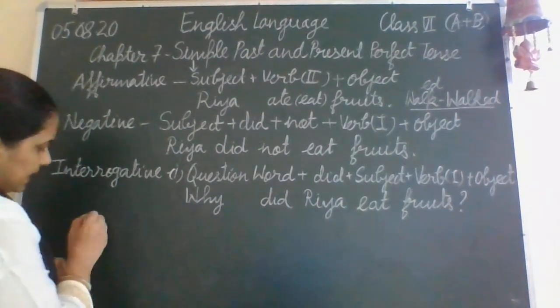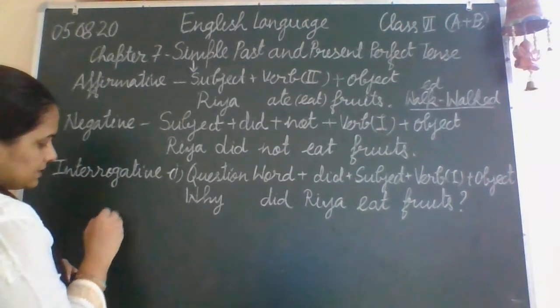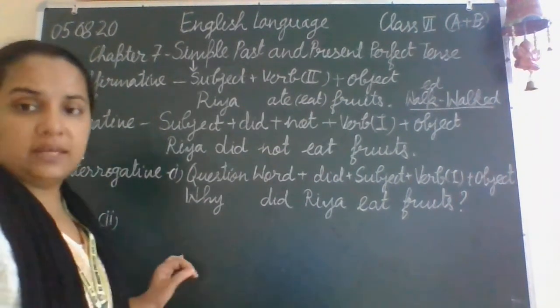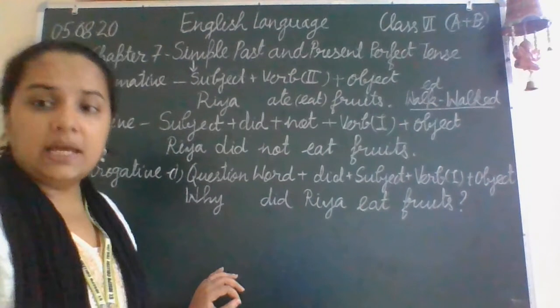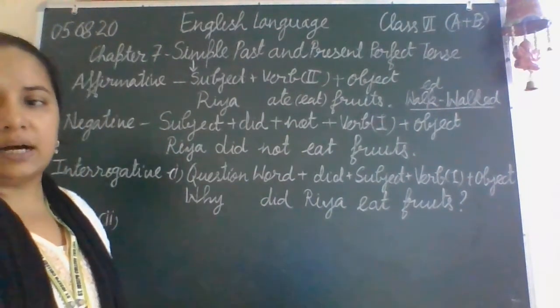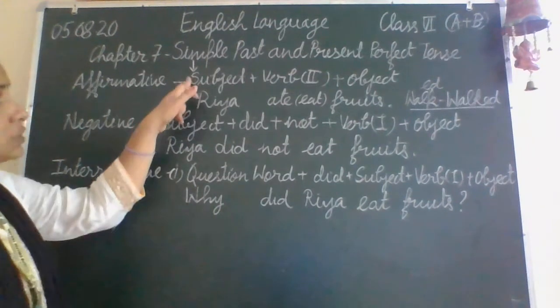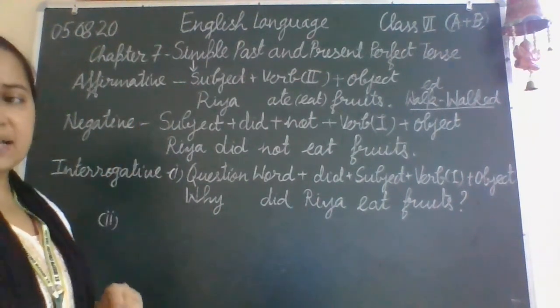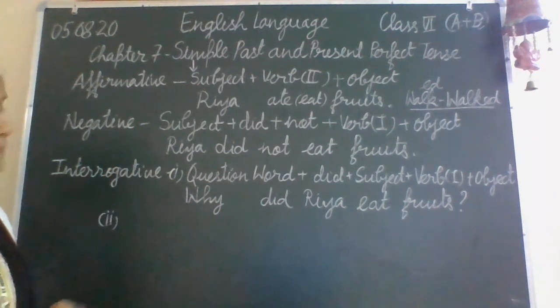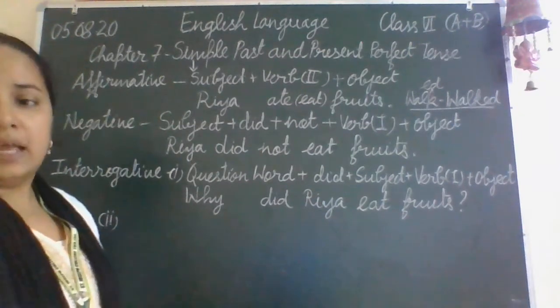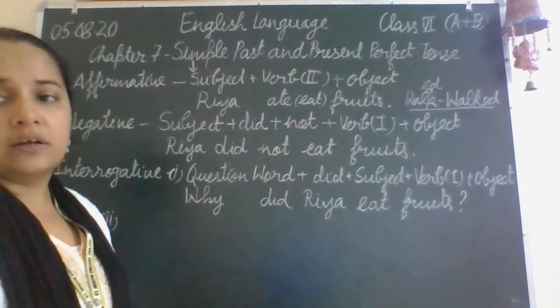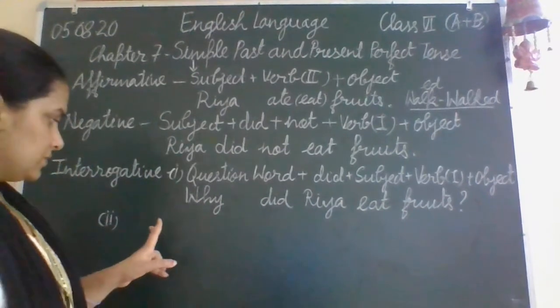Now the second kind of interrogative sentence will be the one which starts with the helping verb. When we are talking about the simple past tense, the helping verb that we are using is did.